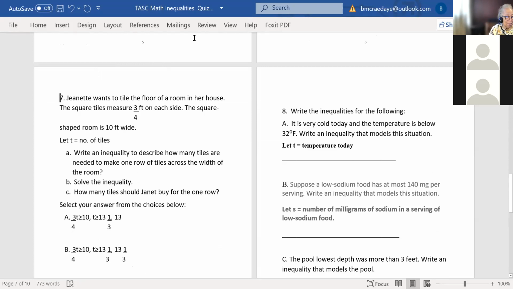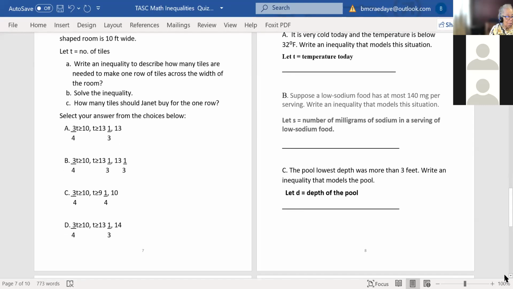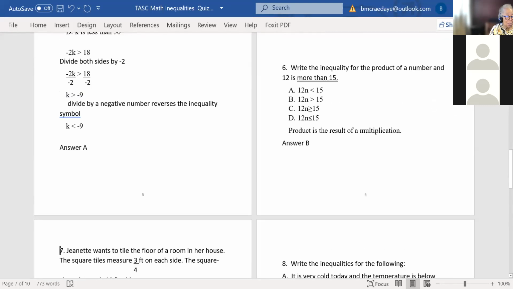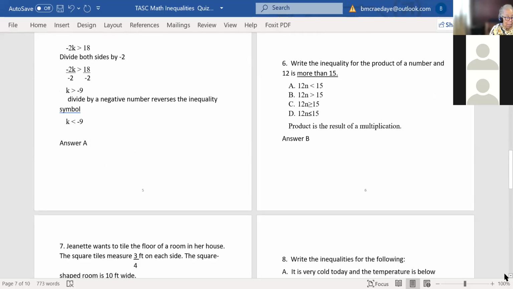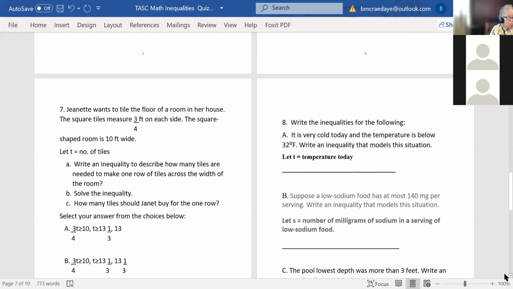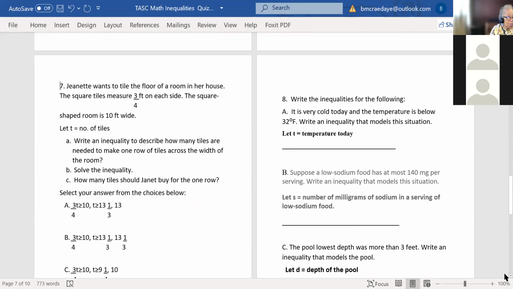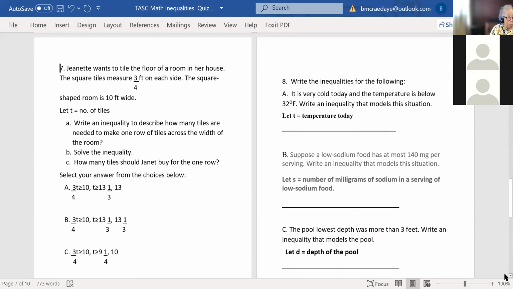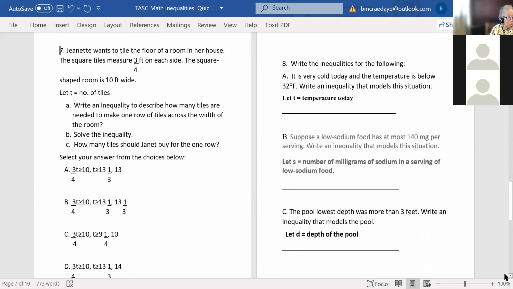Square tiles measure 3/4 foot on each side. Okay, there we go, and there are your choices. Let me bring that up so you can see the whole thing. It will help if you draw a picture of your room.